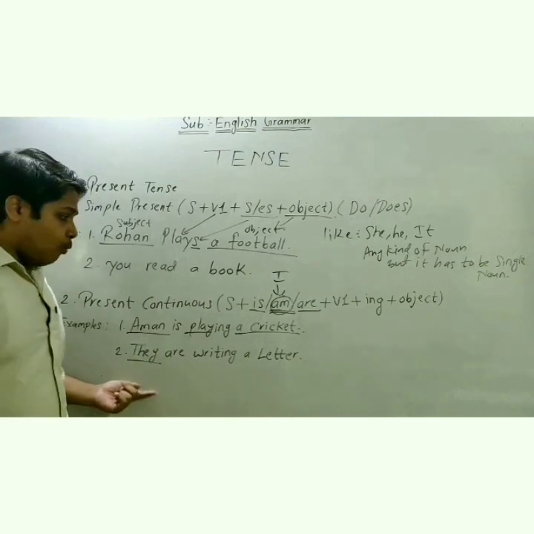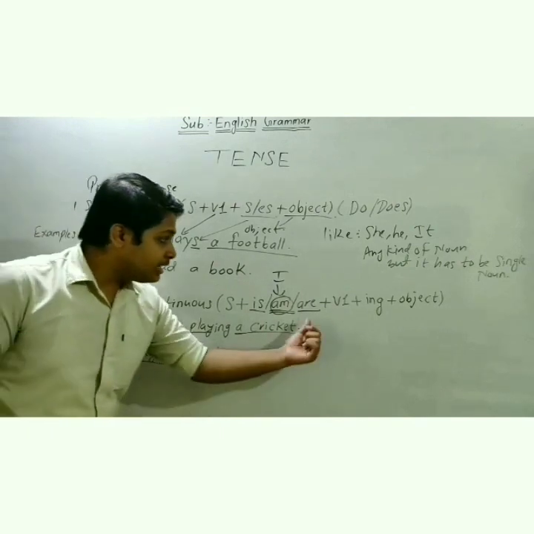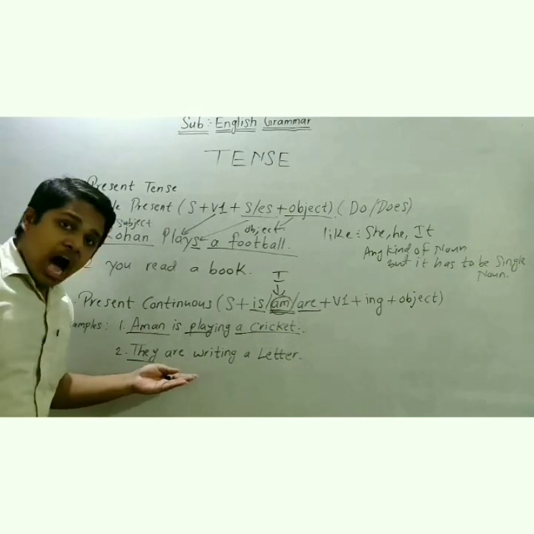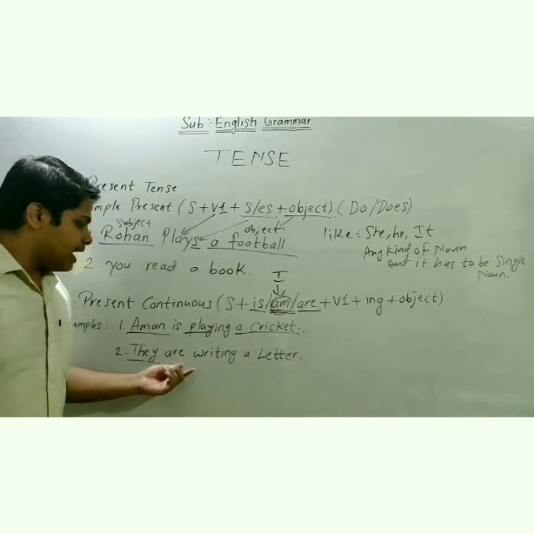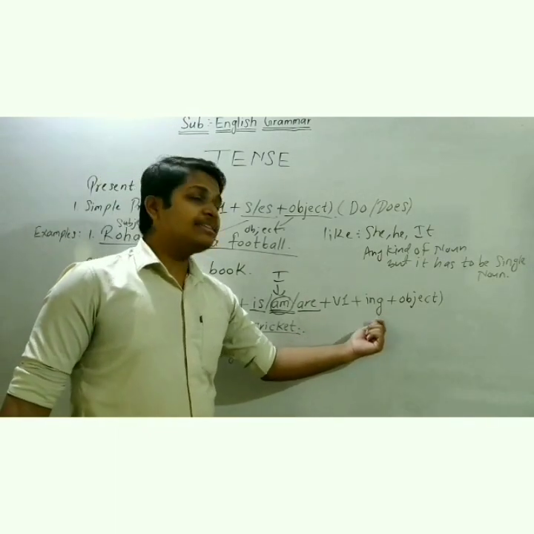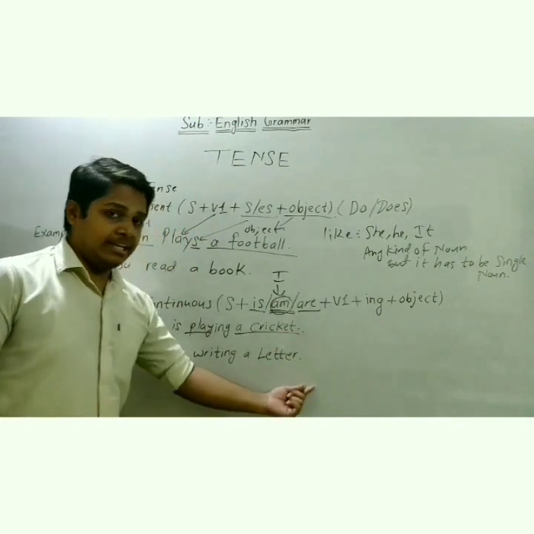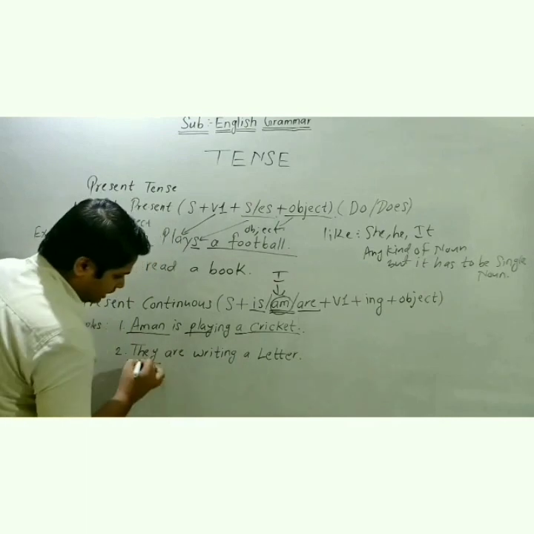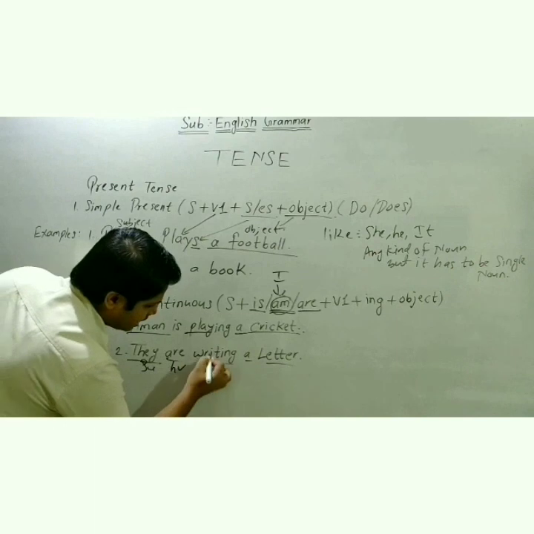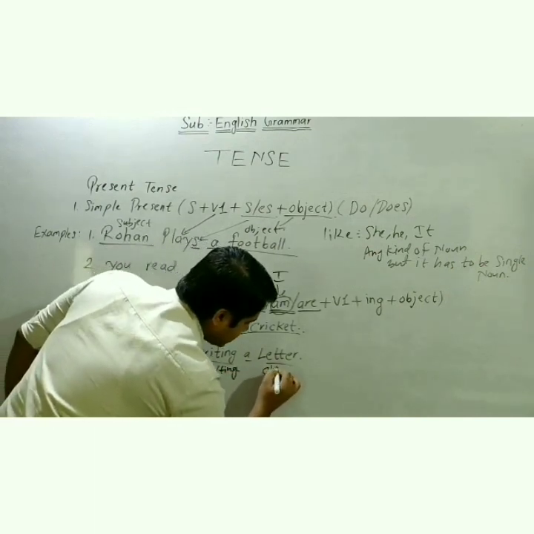According to they, are is the helping verb, for plural nouns. And we have to use verb first form plus ing, so write becomes writing, and the object, a letter. So, they are writing a letter. This is the subject, this is the helping verb, this is the main verb plus ing, and the last is the object.